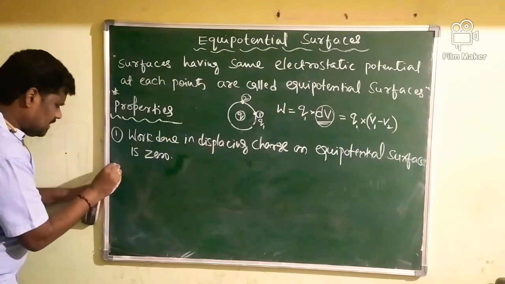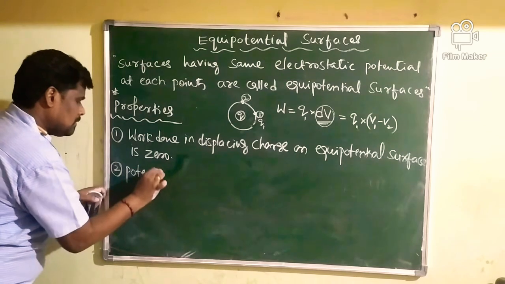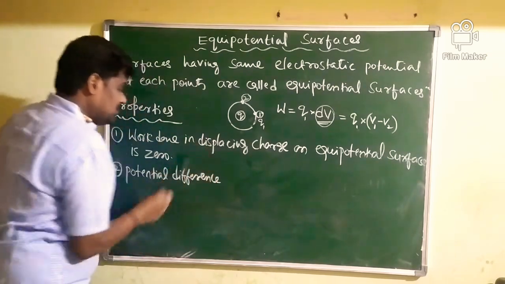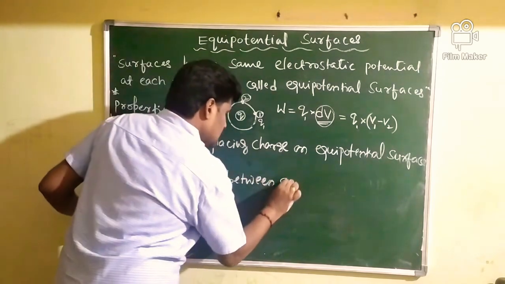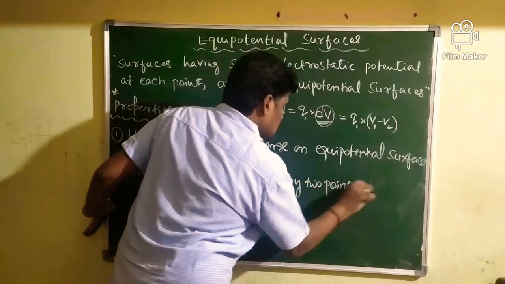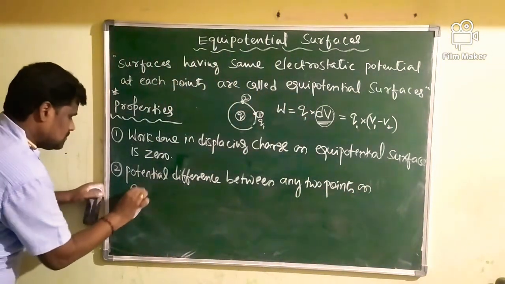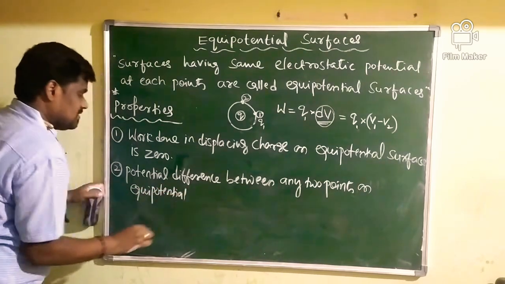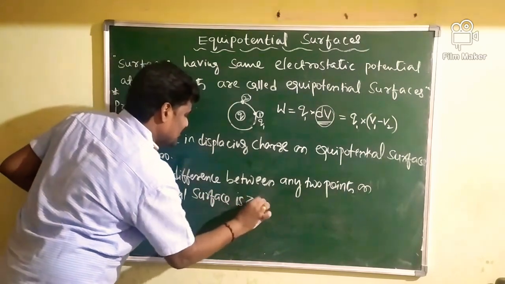Shall I write the second point here? Extension of the same. Potential difference between any two points on equipotential surface is 0.